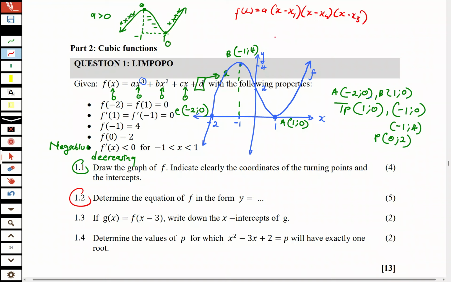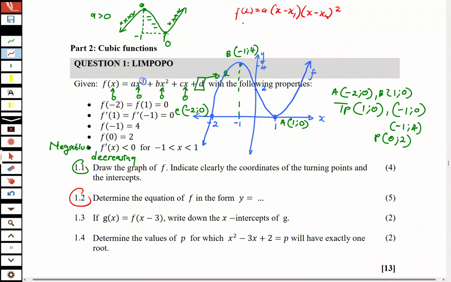So since you have repeating roots there, you just say x minus x2 and simply square it. Since you have repeating roots, when you solve for x, you'll have the same x-intercept or x value there.